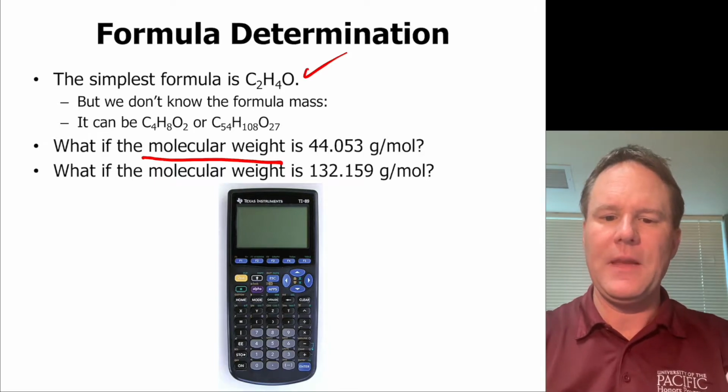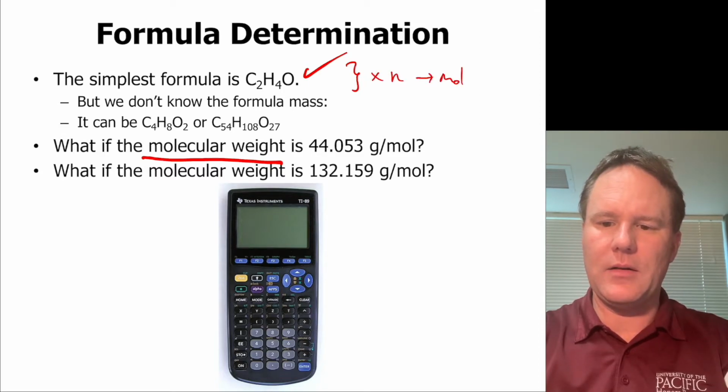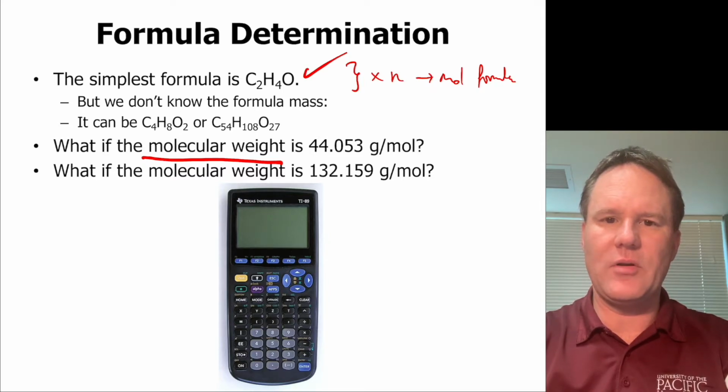So what we need is how many times do we take this formula and can put it into the molecular formula, right? So if, for example, we determine that we need two of these to fit into molecular formula, that formula will be C4H8.